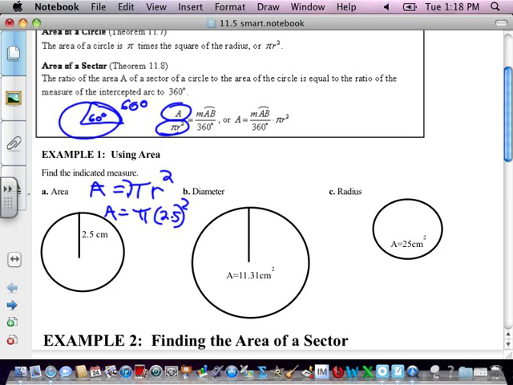So the area equals 19.625 centimeters, what? Squared, so dealing with the area. The reason it wasn't working in some of your calculators is you were squaring 2.5 times 3.14. You were multiplying it first and then squaring it, and it won't work that way.